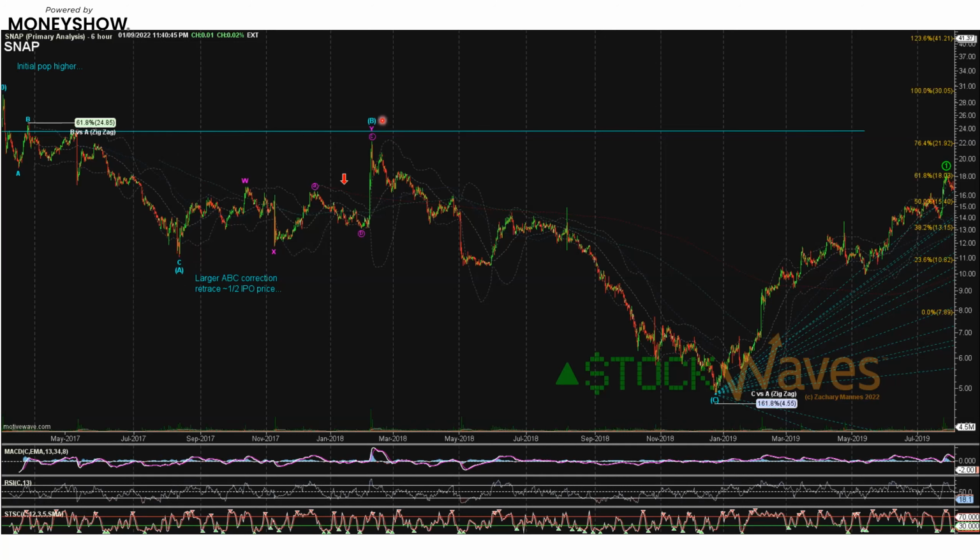This is a more complex pattern that doesn't have a clear 5 waves up and a C wave, so we count it as a WXY, and then it filled out a larger C wave down. But then that low, filling out the bigger ABC, turned out to be pretty significant on Snap as well, and it got a nice 5 waves up off of that, held a corrective retrace in the 2020 lows, and then has been very bullish from there.